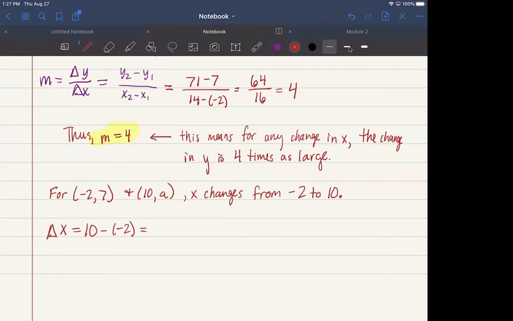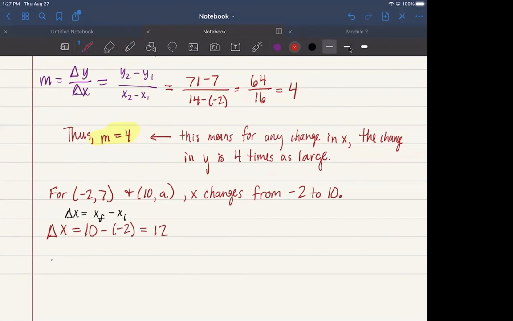Okay, reason why I'm doing that, remember why? Because remember earlier I said delta x equals x2 minus x1. Okay, that's a way for you to find the change. It's always final minus initial. So I always like to also put it like this. Final minus initial. So you always get that. All right, and so then we'll get 12, okay?